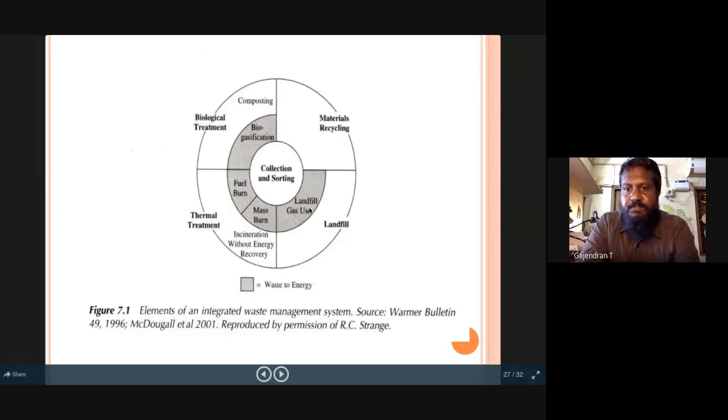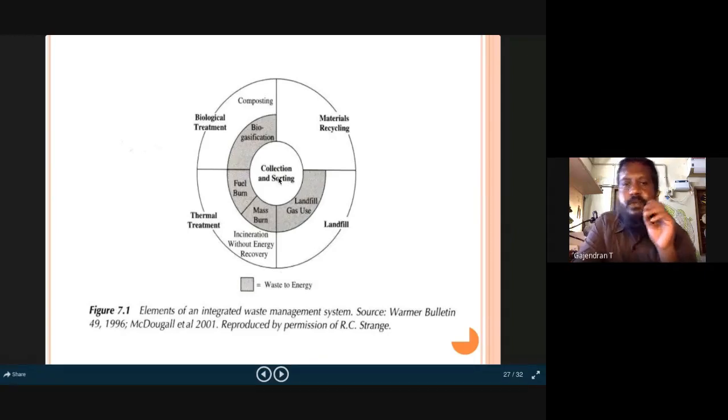This again is a simple process wherein you have to read the circle from outside to the inside. If we say material recycling, we can directly go into collection and sorting. Whereas if we say landfill, we try to extract the landfill gas, as in biogas, and then utilize it.